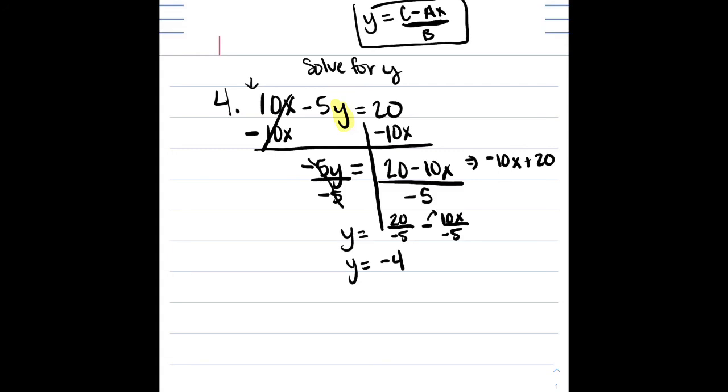And then I have a negative, remember the sign goes with the number behind it, negative 10 divided by negative 5. So that becomes a positive. 10 divided by 5 is 2, and I still have an x. So this simplifies down to y equals negative 4 plus 2x. So I want you to go ahead and do the other 5 problems on the your turn. Take a picture.